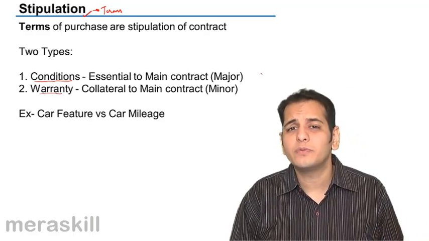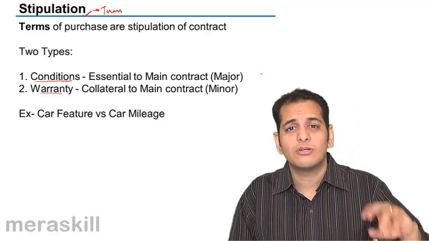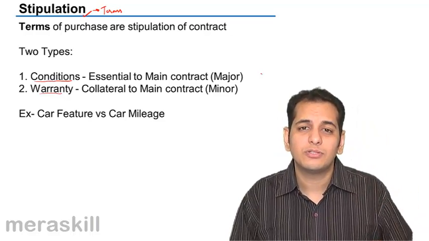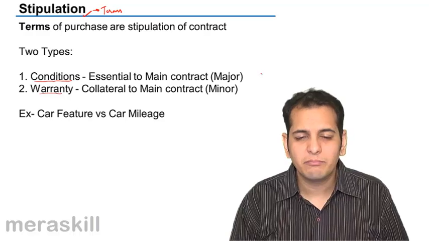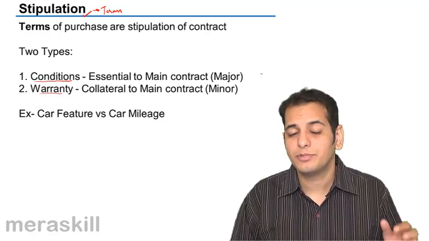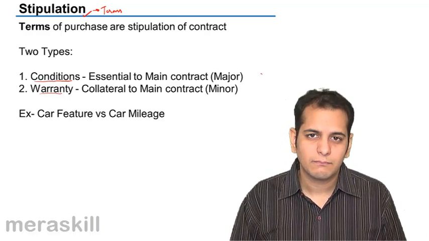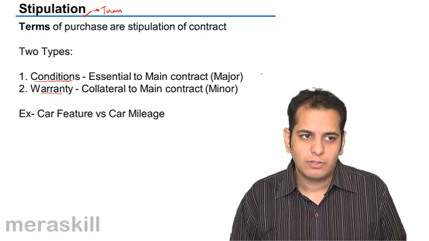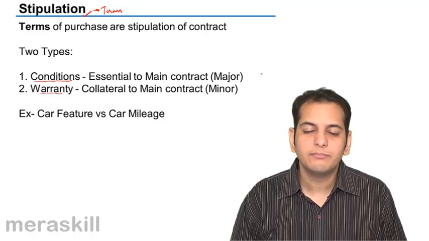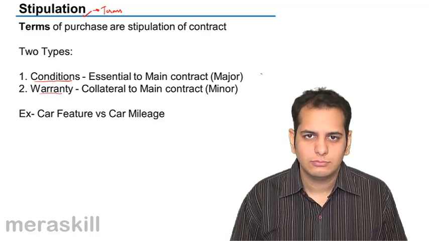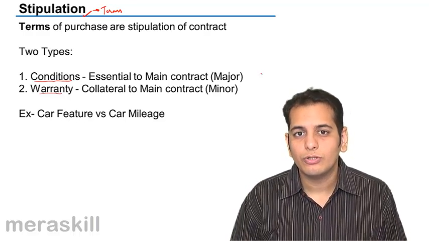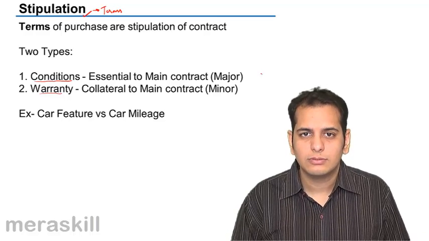There's no use making this contract, because you made this contract because you wanted a car with a top speed of 250 kmph. Now, it's not running at 250 kmph. So what do you do? You return the car.